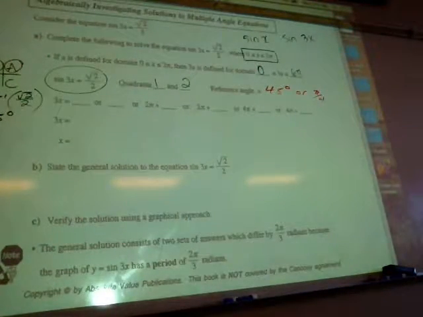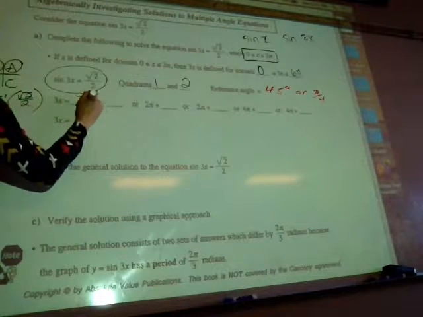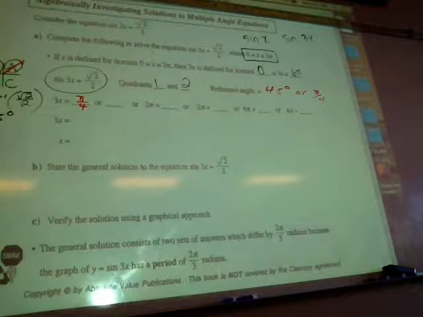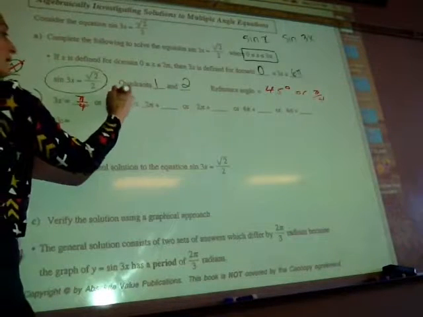So we can say that in quadrant 1, 3x will equal pi over 4, or in quadrant 2, we're going to have 180 minus 45, so that's 135. Or we could go 1 pi minus 1/4 of a pi is 3/4 of a pi.